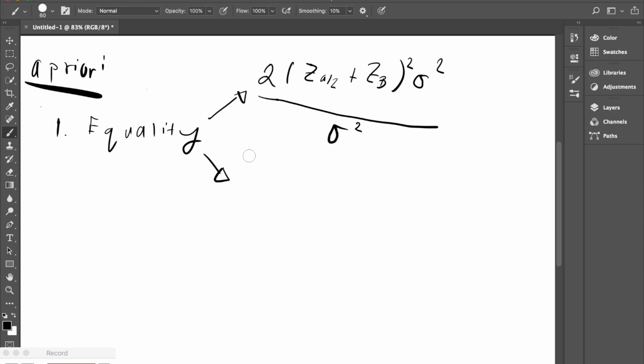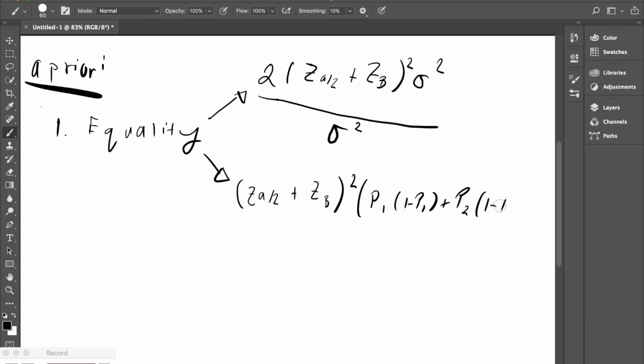If instead it was dichotomous, then my equation is going to look like this. It's going to be a little bit longer, so just bear with me. (Z alpha over 2 plus Z beta) squared times P1 times (1 minus P1) plus P2 times (1 minus P2).